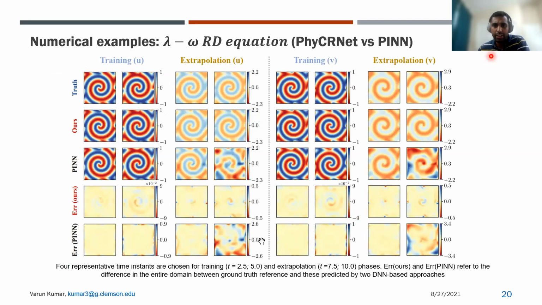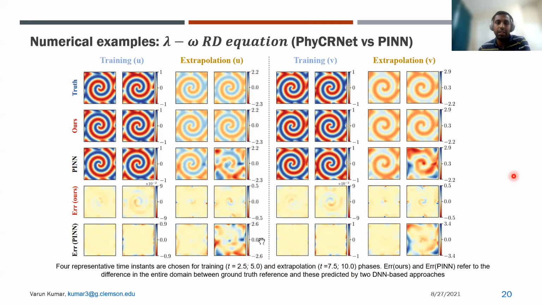So this slide is showing the results for this lambda-omega equation. Again, we see the ground truth and the output from PhyCRNet is actually pretty accurate, and it seems to be performing well even during the extrapolation phase. PINNs are accurate during training, but they start to lose out again in the extrapolation. These are snapshots taken at 2.5, 5, 7.5, and 10 seconds from the output.